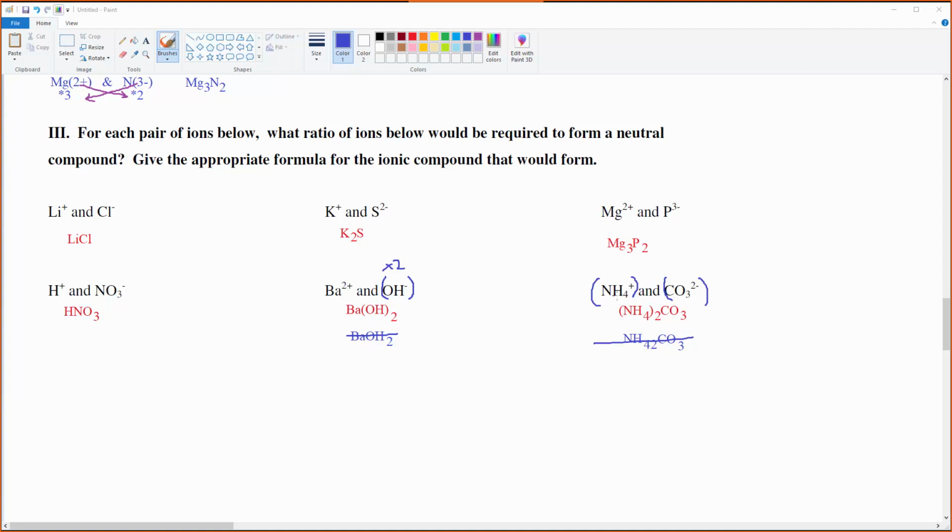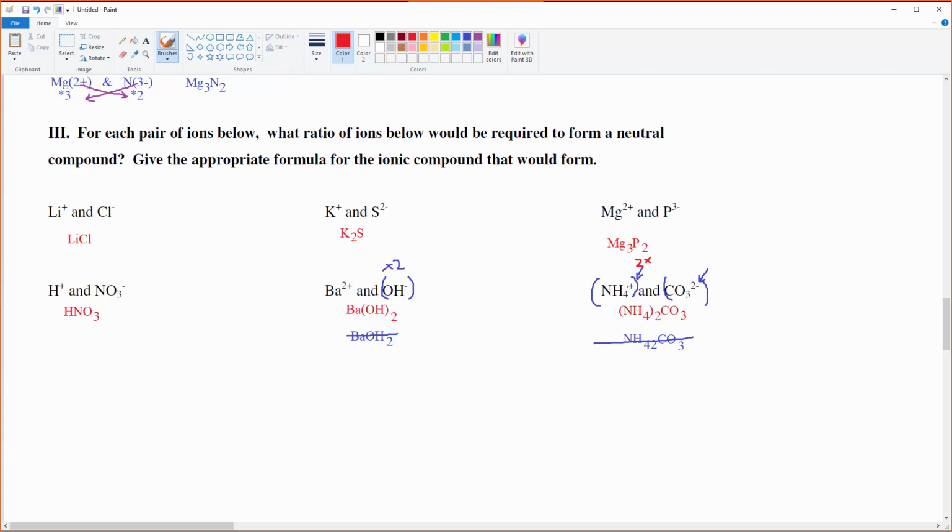Okay, so just to review on the last one, on the NH4, I've got a 1+ charge, and on the CO3, I have a 2- charge, right? So that indicates I'm going to need 2 times the +1 to cancel out the 2-.